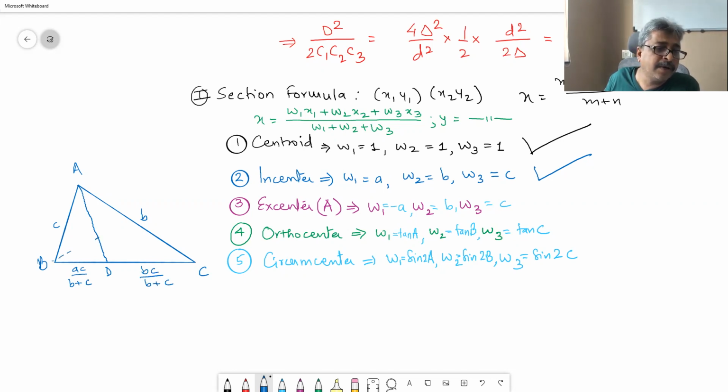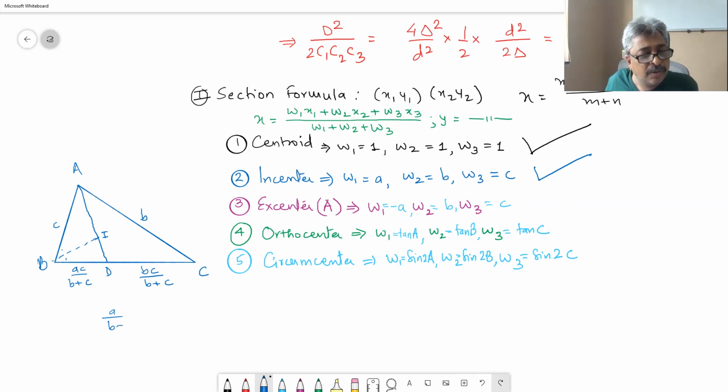Incenter I, again because this is angle bisector, this will divide segment DA in the ratio of a upon b plus c is to 1. So a upon b plus c times x1 plus 1 times x2. No, sorry.